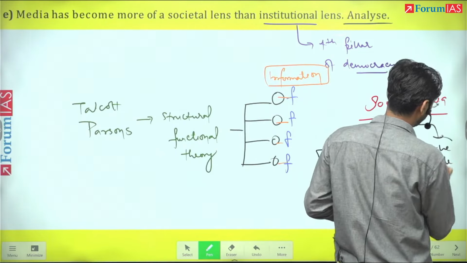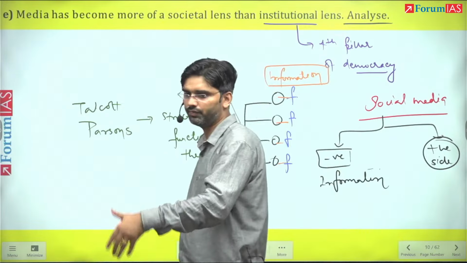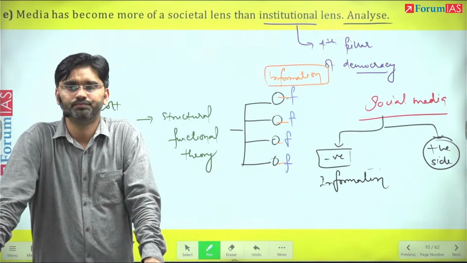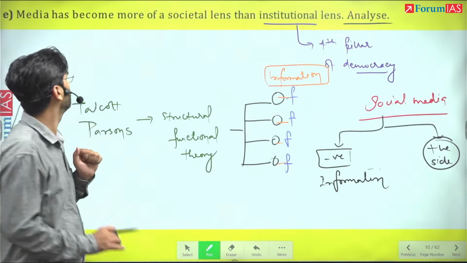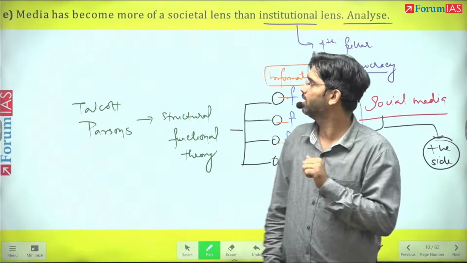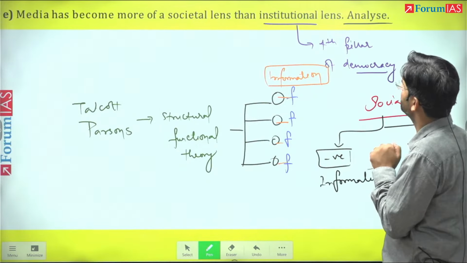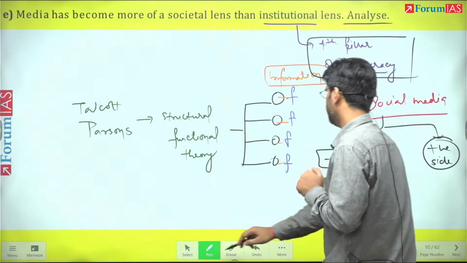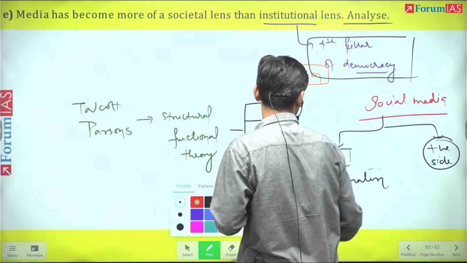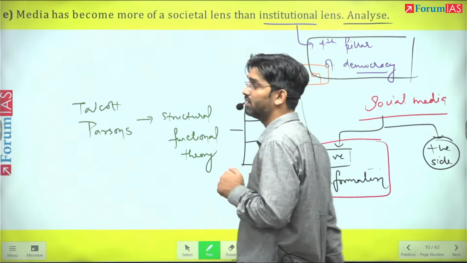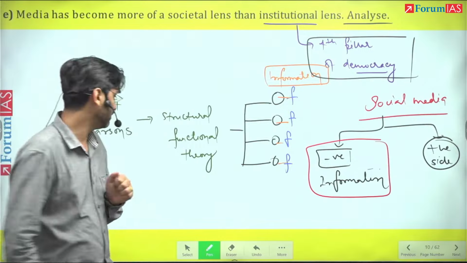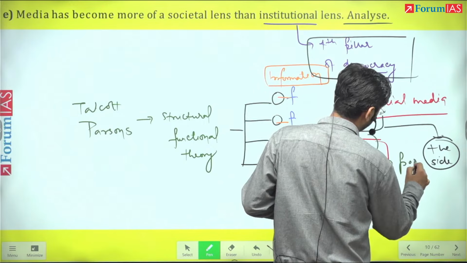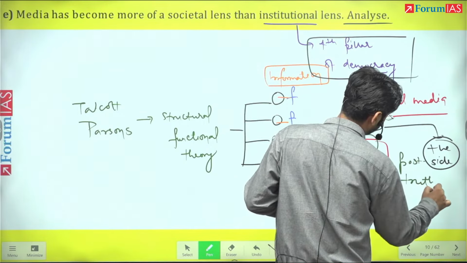For example, you see the democratization of information to the very deep in society. Now come to the question: media has become more of a societal lens than an institutional lens. So rather than playing this role, it is playing a double-edged sword role, and it is mainly a negative role, because that is why this era is also called the post-truth era.